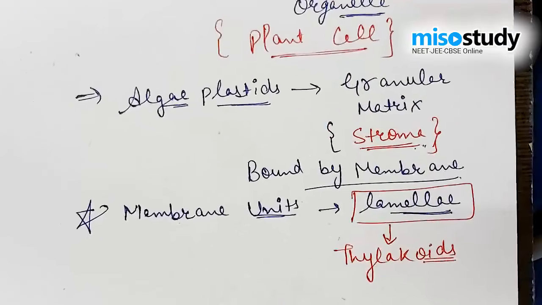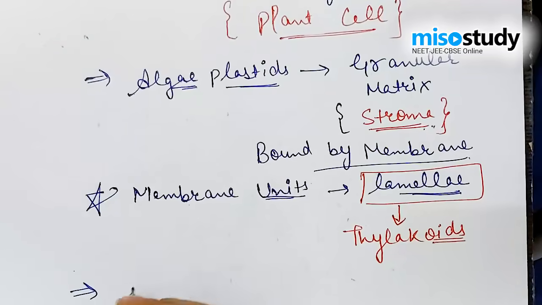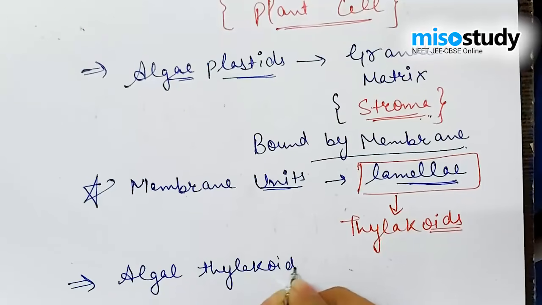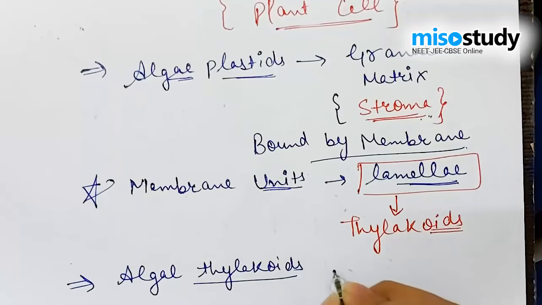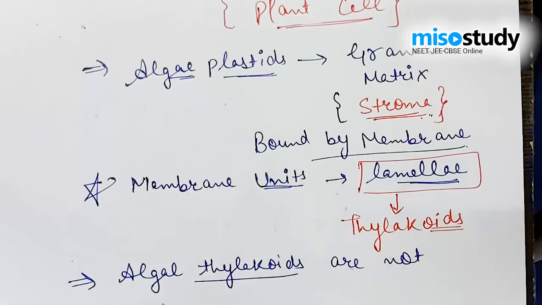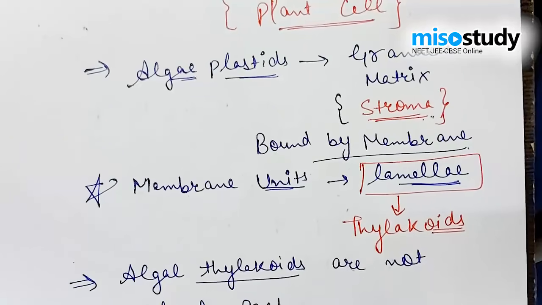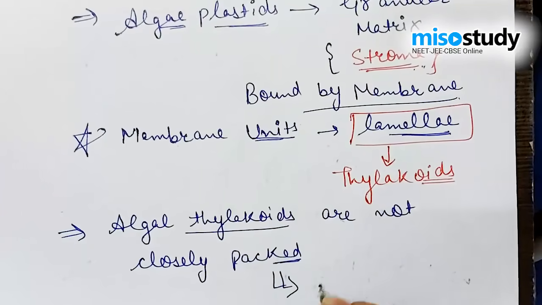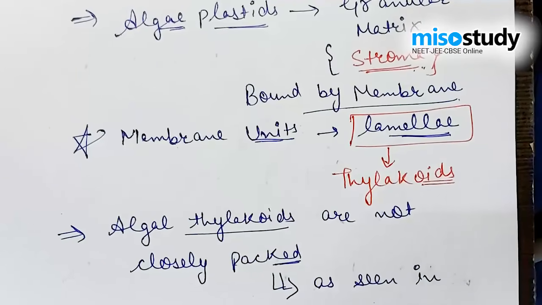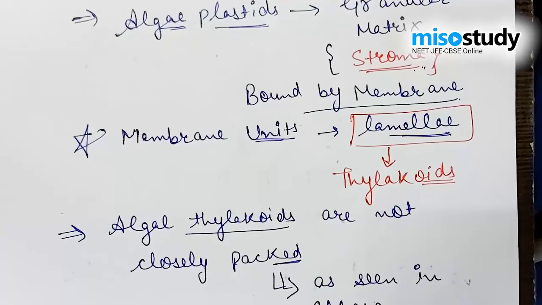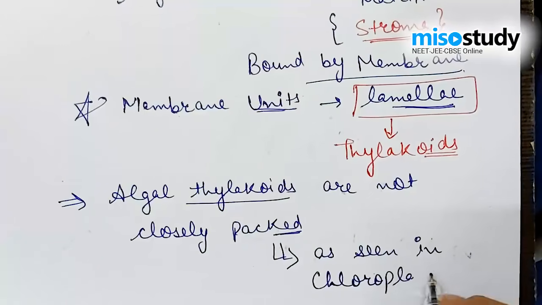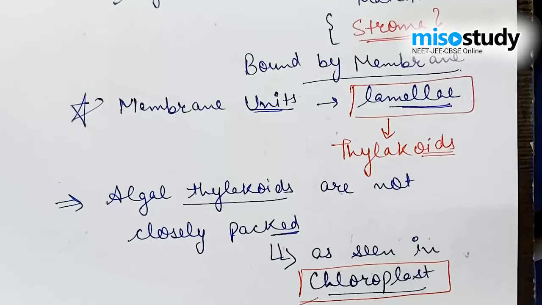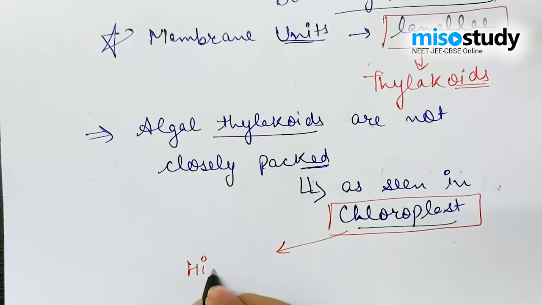As we discussed in the plants, algal thylakoids are not closely packed or fused as seen in the chloroplast of higher plants.